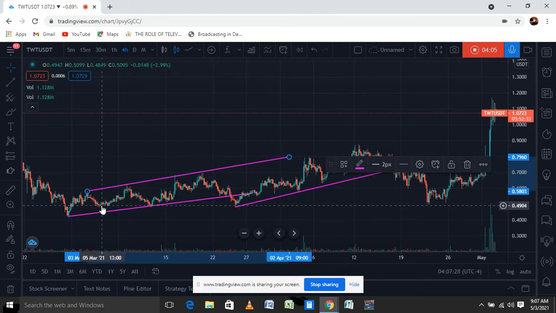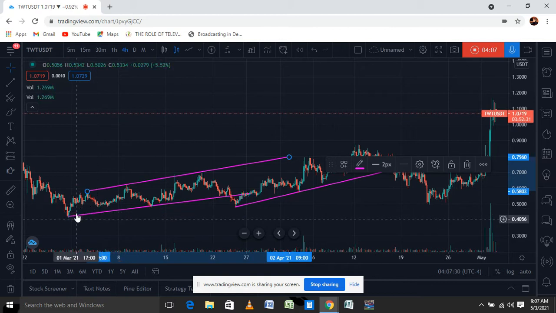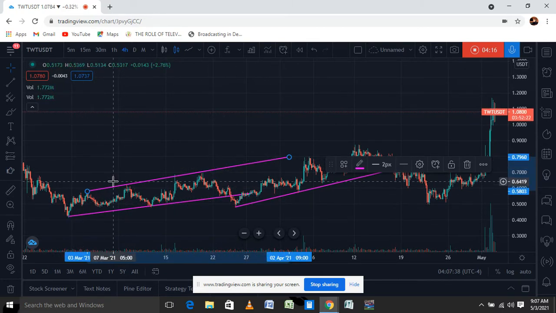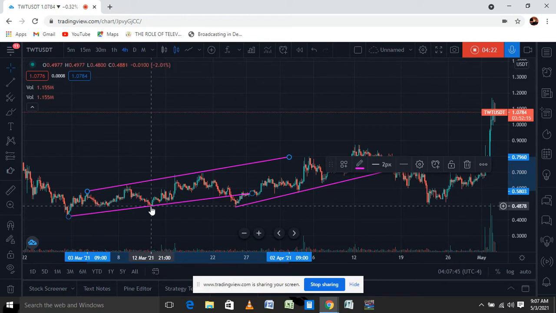So whenever I draw a trend line like this, it tells you the market is in an uptrend and is respecting this particular support and this particular resistance. When you draw a trend line like this, it tells you that whenever the market comes to this particular trend line, you should buy. When it gets here, you sell.